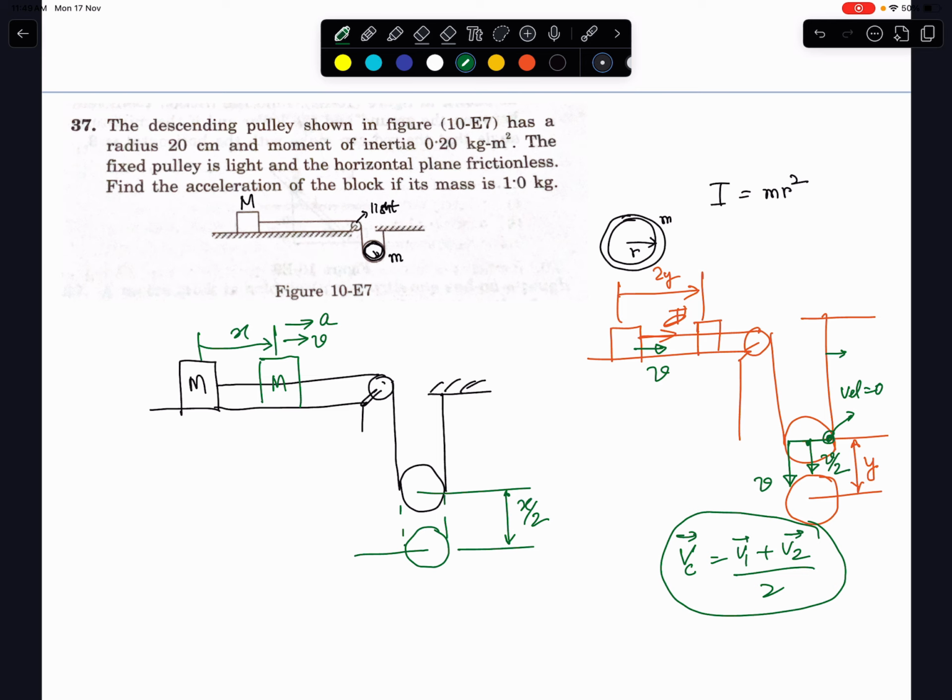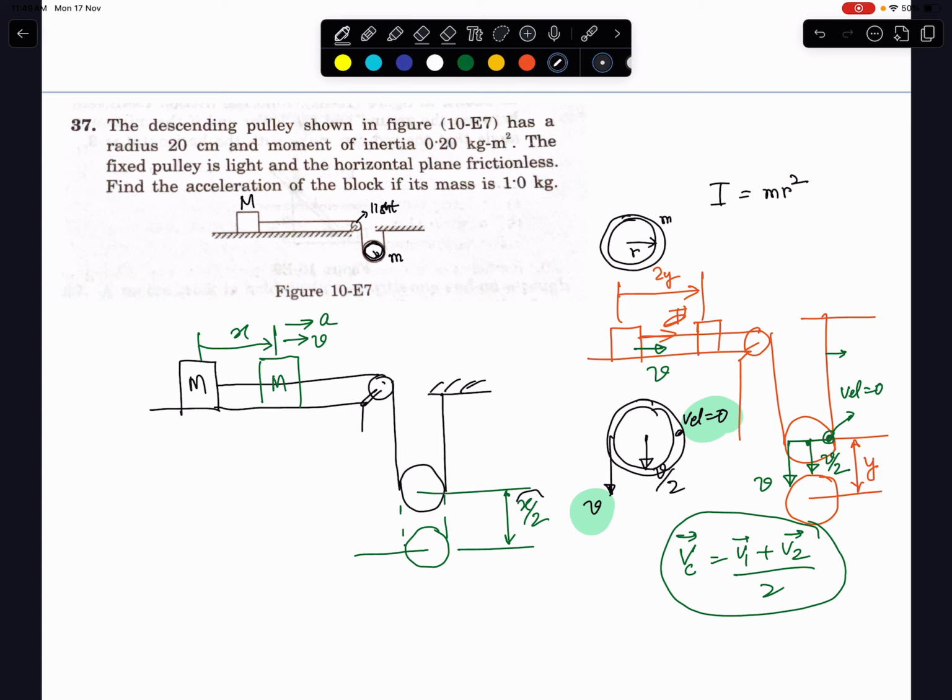So midpoint theorem: this end has velocity 0, this end has velocity v, and the midpoint has velocity equal to v plus 0 by 2, so that is v by 2.